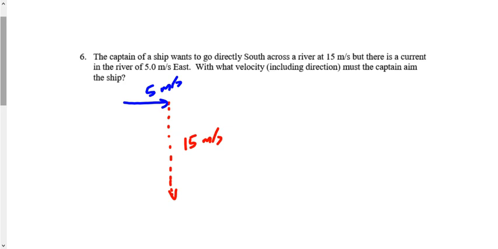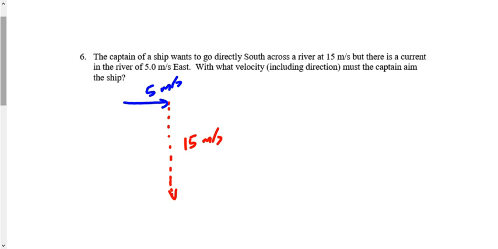The resultant vector, or my dotted line vector, has to be drawn from start to finish, or from the beginning to the end. If I have it drawn like this, there's no way that dotted line vector can be drawn from start to finish, because it's drawn from the finish to something, right? There's no way that I can draw it correctly when I have my 5 meters per second drawn like that.